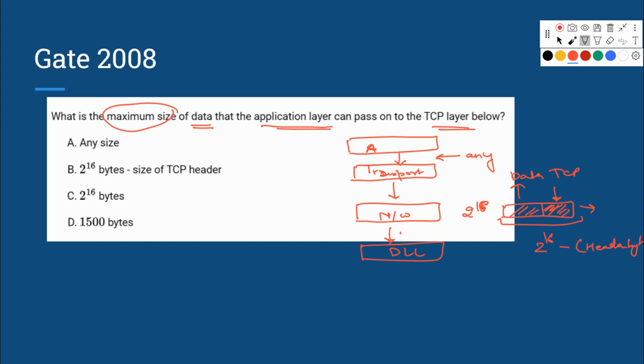And the data link layer generally has a limit of about 500 bytes. Now see what the question is asking: from the application layer to the transport layer, what is the size? Any size of data can be transferred, so this option is the correct answer.